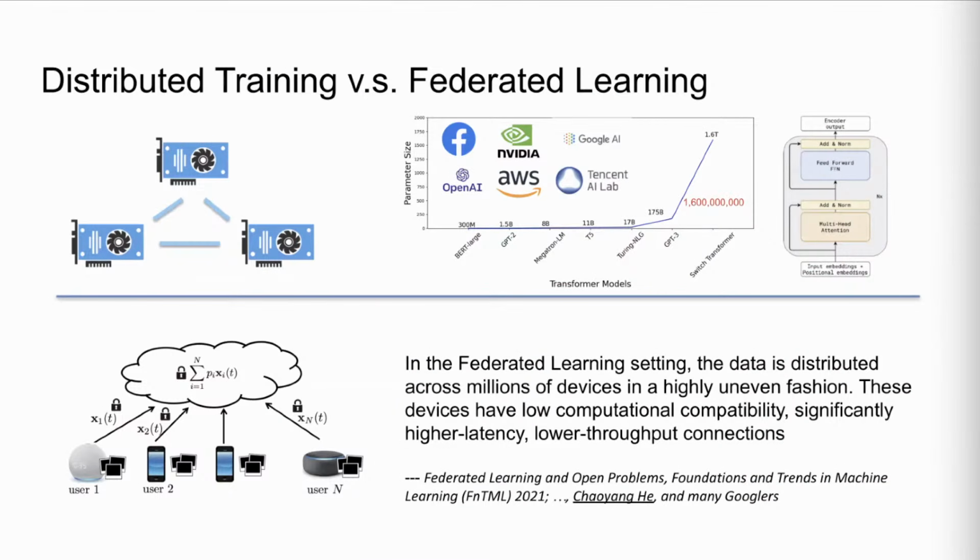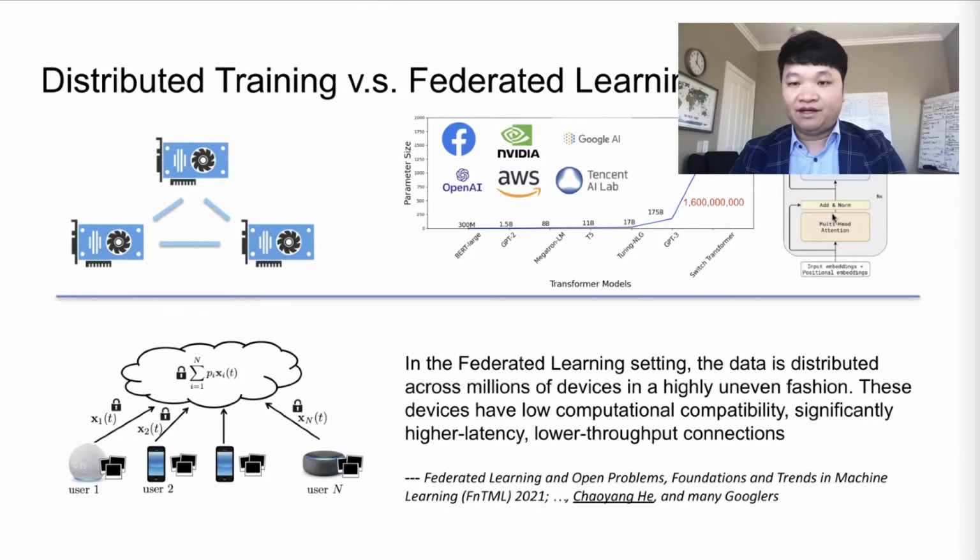First, let me give you a high-level comparison of distributed training and federated learning. As you may know, the main challenge of recent research on distributed training is how we can accelerate the training of giant models like transformer models, which are based on an attention-based mechanism, like multi-head attention.